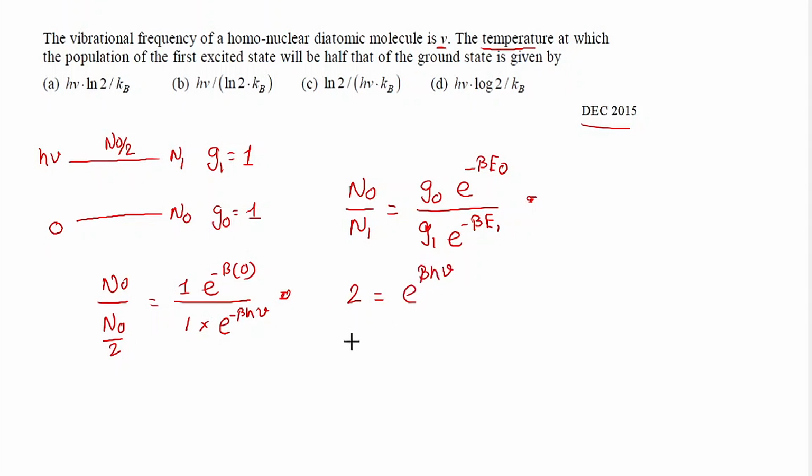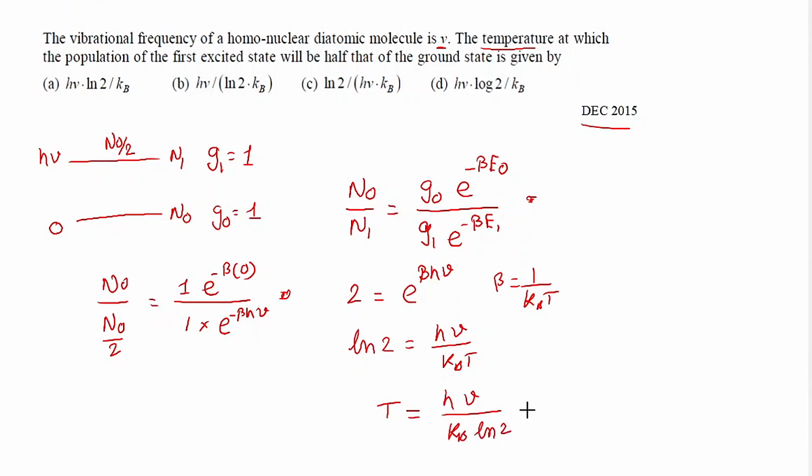Now what we can do is take the logarithm on both hand sides. So we have ln 2 equal to beta h mu, and we know beta is 1 upon kb T. Rearranging this equation, we will have temperature T equal to h mu upon kb ln 2.